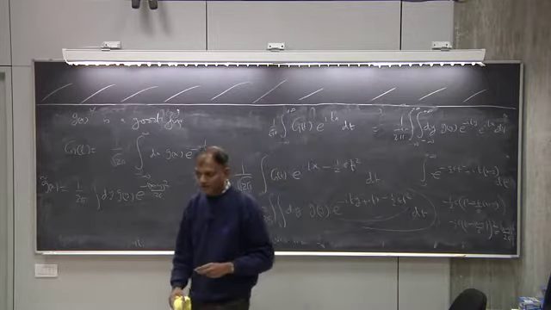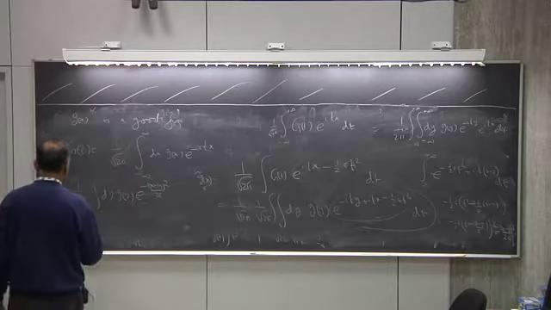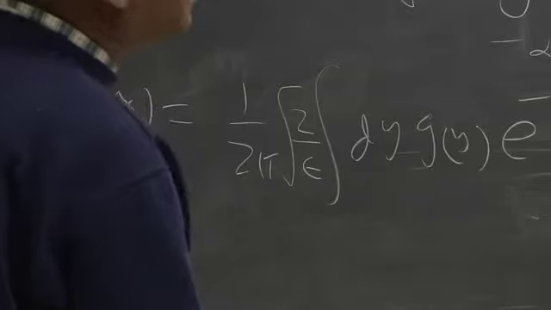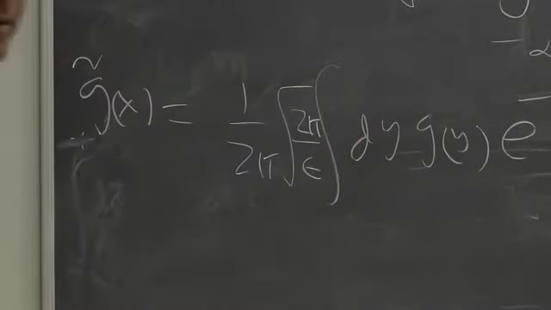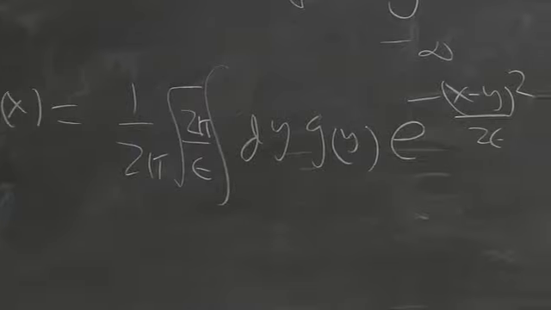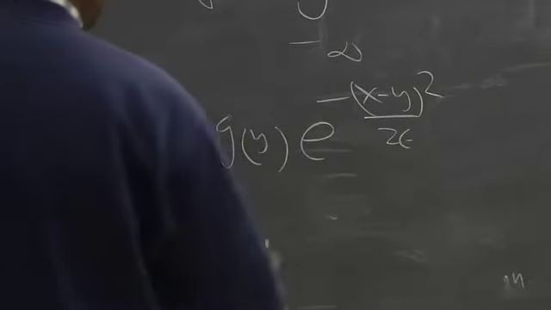There is a 1 over root epsilon, because I have to scale that, root 2 pi over epsilon, right? This is a Gaussian integral, and it gives that. So this is what g tilde is.